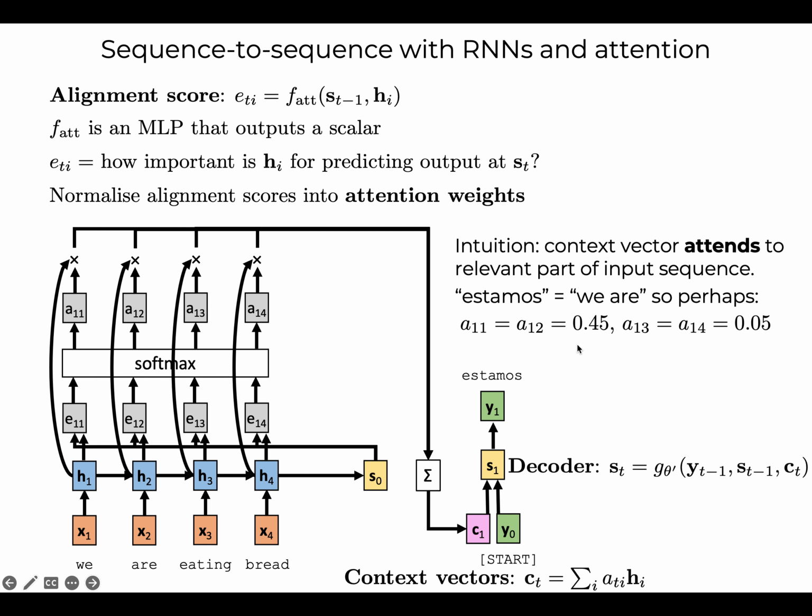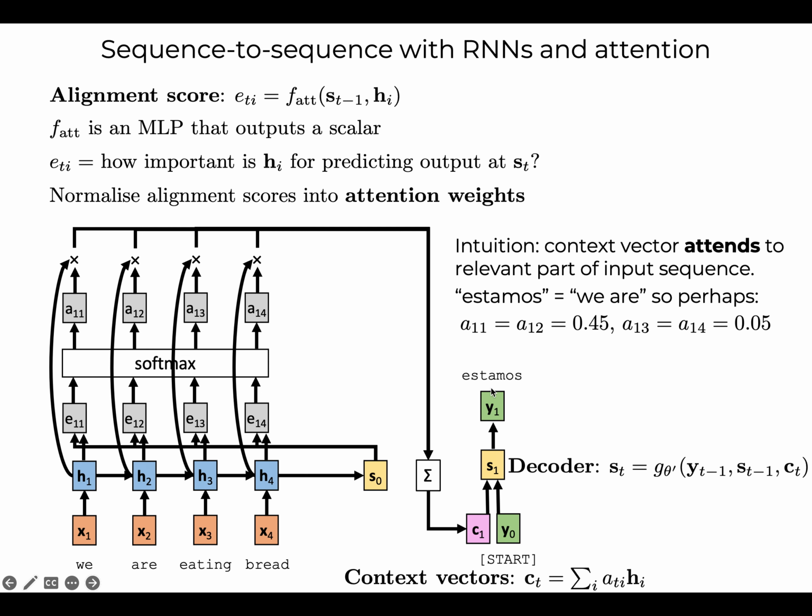What we can infer from that is that the initial hidden state of the decoder was somehow quite similar to the hidden states at times 1 and 2 in the encoder. So we and are had hidden states similar to this initial hidden state, and that meant they ended up getting high attention weights, and the first context vector was heavily influenced by those two, and that led it, as a first word, to produce the output estamos.